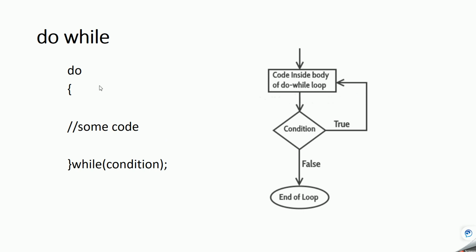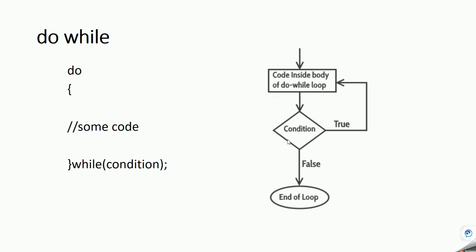When we run the program and the program execution starts, and when it comes here, it will go inside this and execute this particular line of code, and then this condition will be checked.